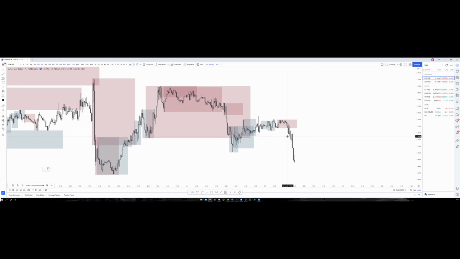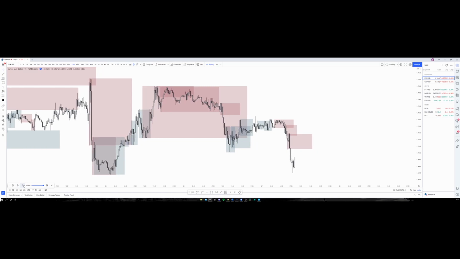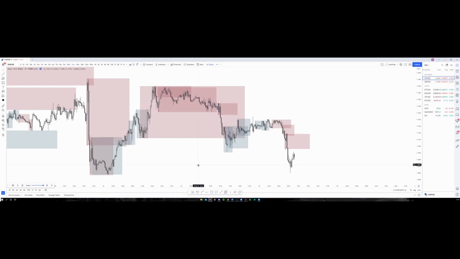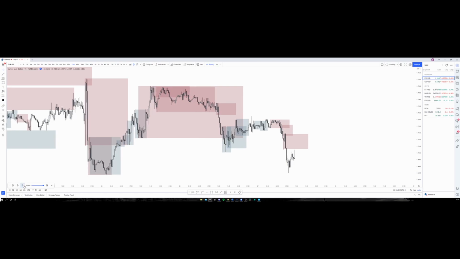So cool, now we've got, and you can see here how these ranges are all respected until the objective of this low getting taken, because this is the weak low, right? It hasn't broken a swing high, right? You can see how they are respected until that objective.